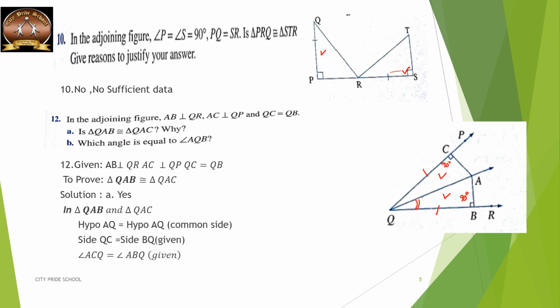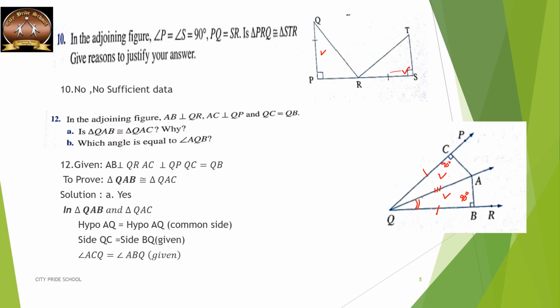So I'll say first in triangle QAB and QAC, you can see that it is given in the question that AB is perpendicular to QR and AC is perpendicular to PQ. That shows that angle B and angle C are equal to 90 degrees. So we have right angle triangles, and AQ is the hypotenuse, that is side opposite to 90 degrees.